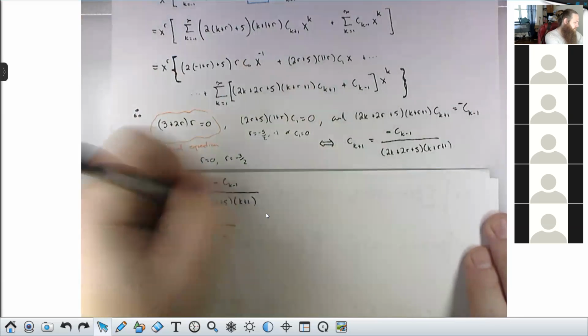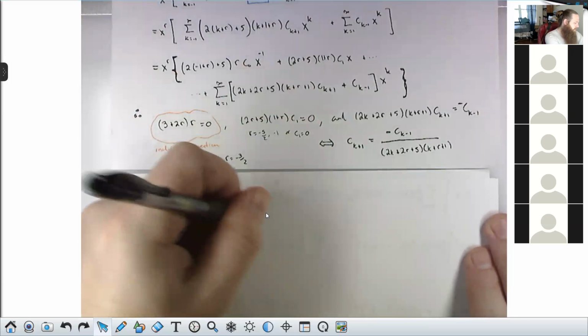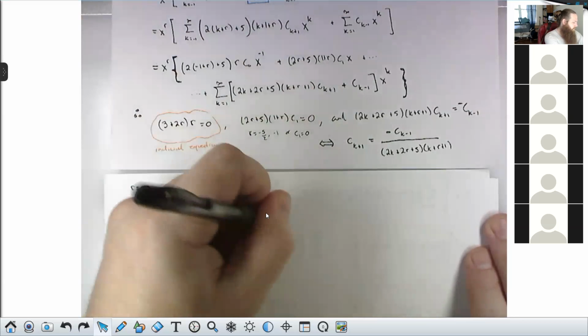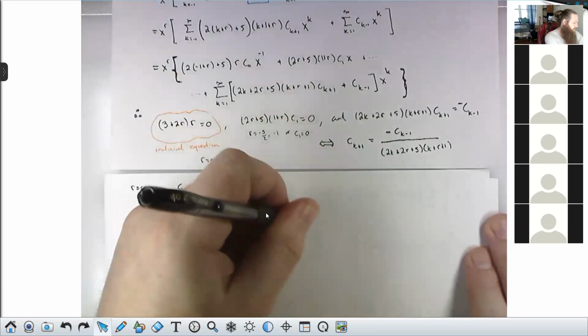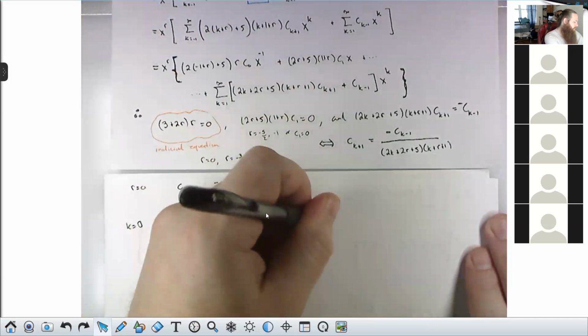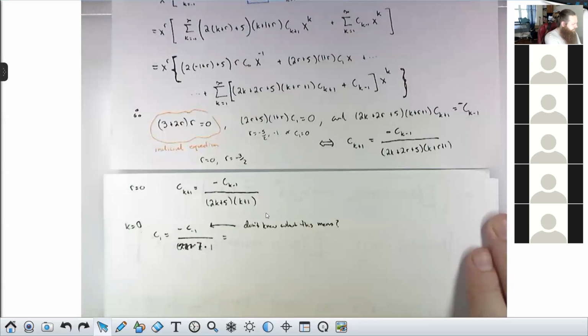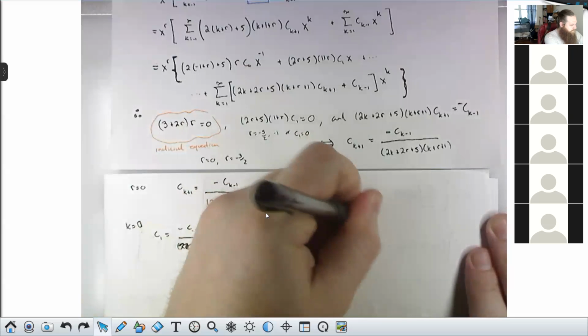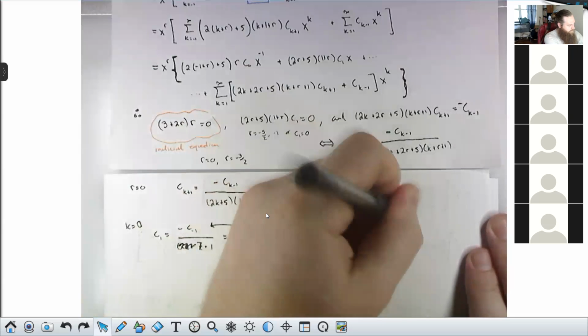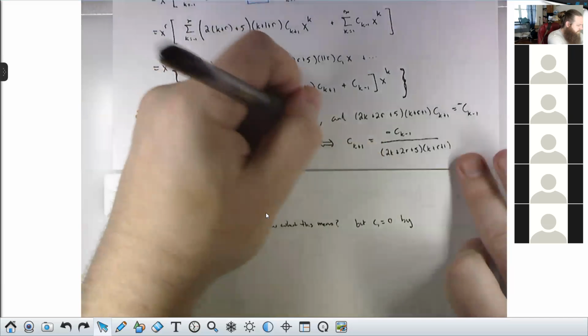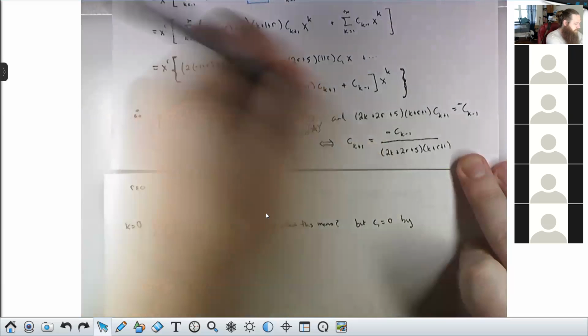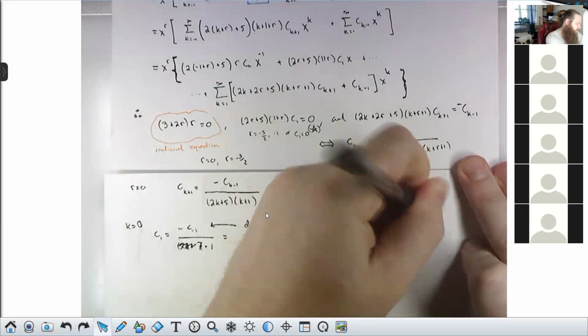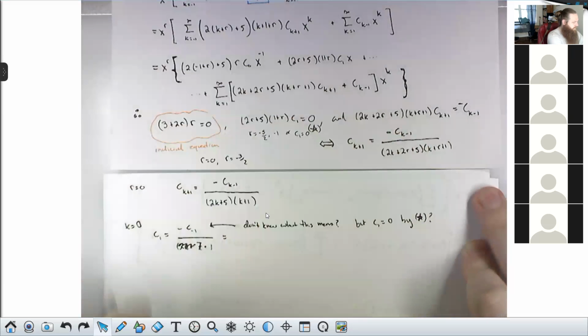Because here, we don't know anything about this term. We don't know what this even means. But c_1 equals 0 by star. Question mark. We'll just type that in our pocket.